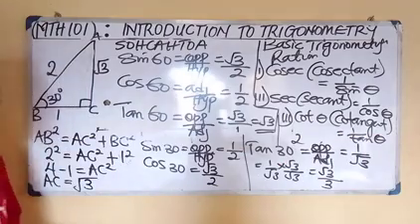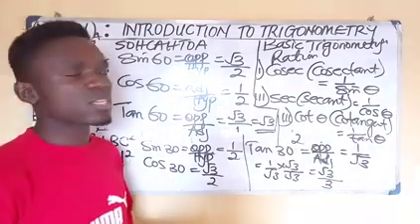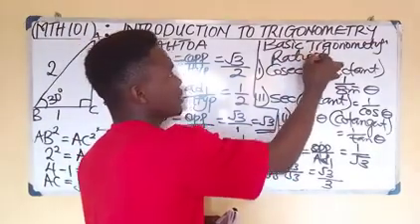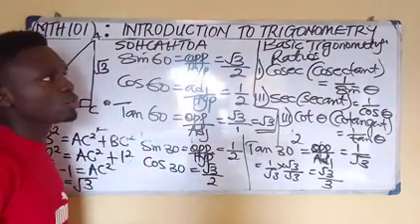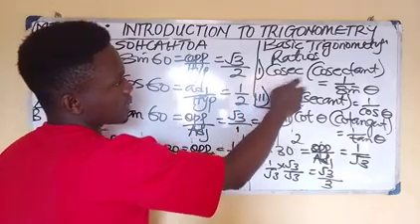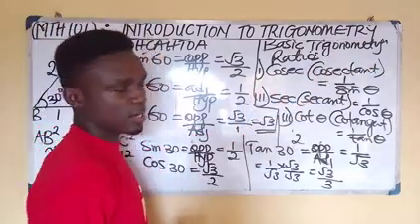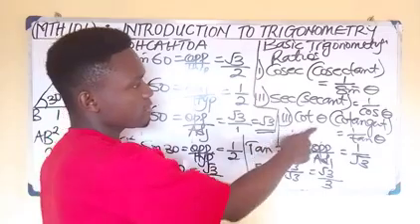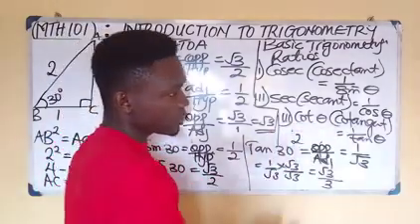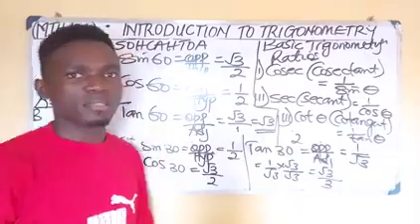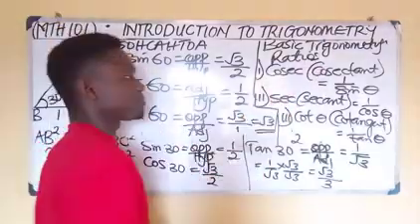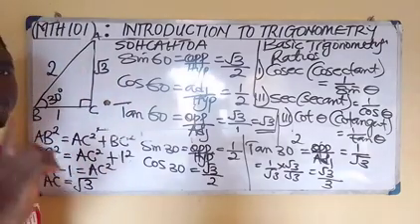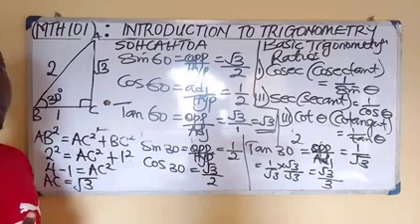So these are the 3 basic trigonometry ratios. Cosec, that is cosecant, 1 over sine theta. Sec or secant, 1 over cos theta. Cot theta or cotangent, 1 over tan theta. Please do not forget that. It is very, very important.